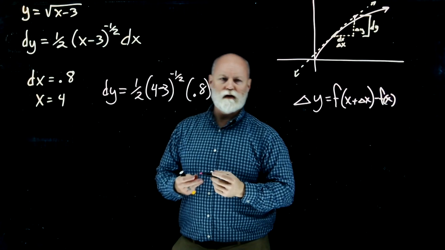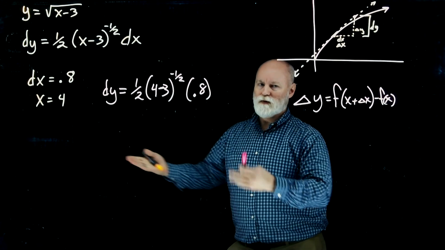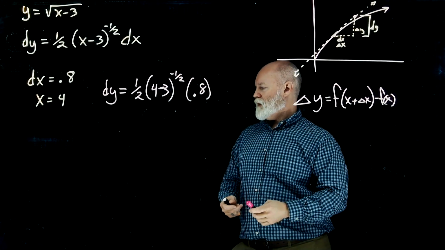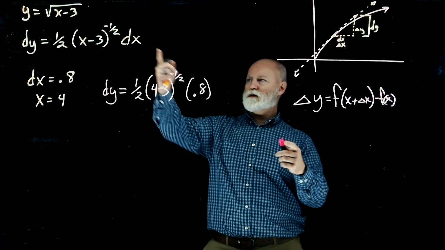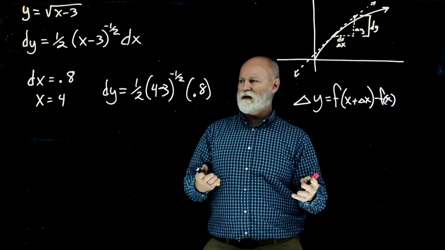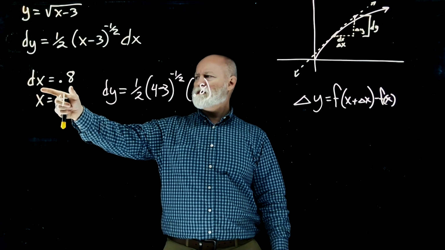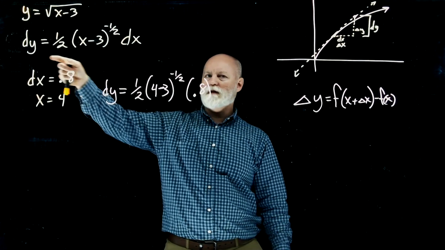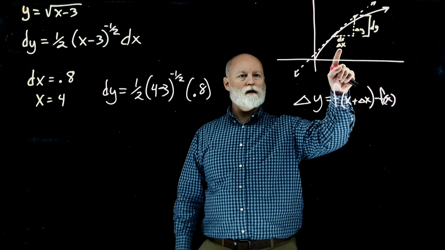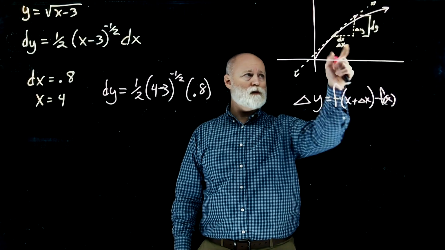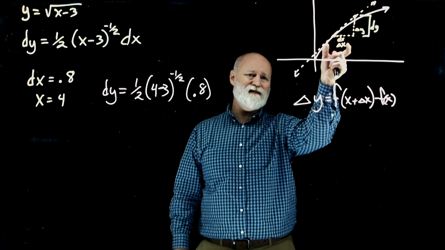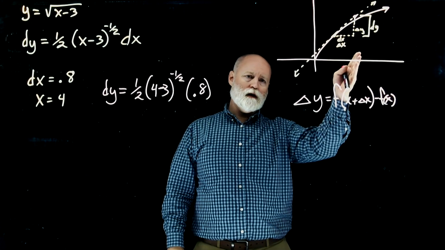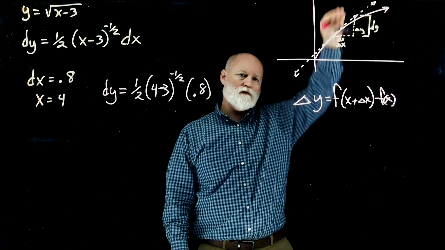Now some of you may be thinking, I thought dy and dx always went together? Didn't you just say this was dx and then I said delta x? Well, what we're doing here is assuming that delta x and dx are the same value. We separated them because we wanted to talk in reference to the same change horizontally and see what that does to the changes vertically, up and down.